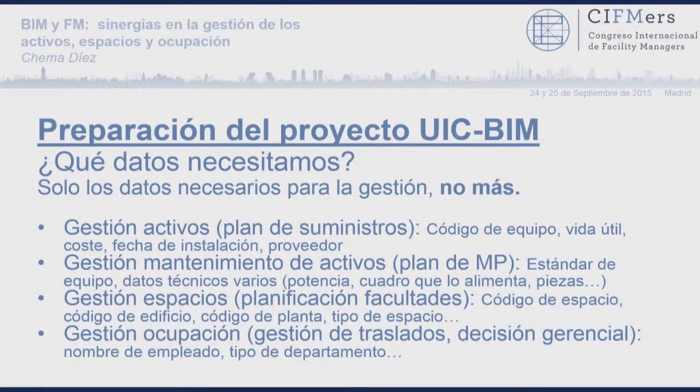Then we started to manage spaces, also based on BIM technology for facility management. We needed to assign codes to the spaces. Names, for example. For the classrooms, everybody knew that classroom A502 was A502, but this didn't happen with offices.